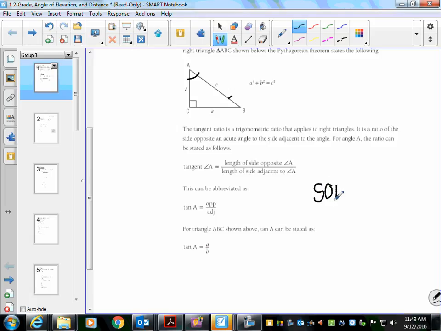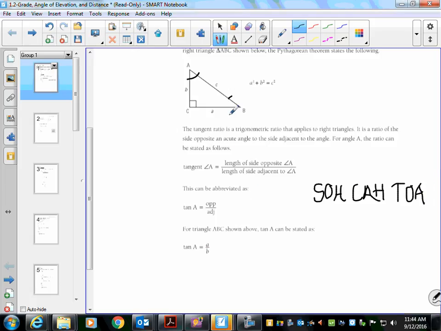Sine is opposite over hypotenuse. Cos is adjacent over hypotenuse. And tan, which is TOA, is opposite over adjacent.